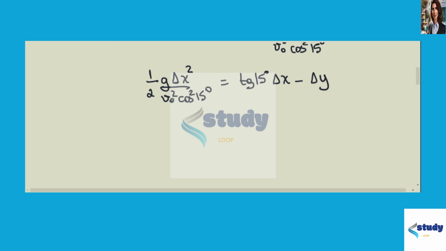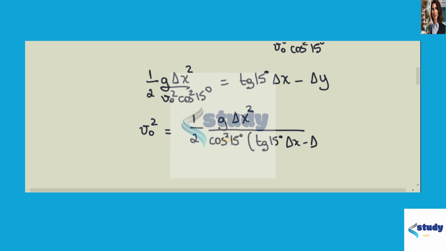Then I'm going to multiply both sides by v0 squared and divide both sides by tangent of 15 delta x minus delta y. So v0 squared is equal to 1/2 of g delta x squared divided by cosine squared of 15 degrees times tangent of 15 delta x minus delta y.